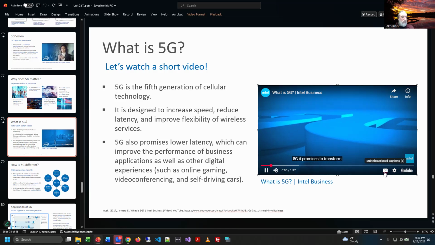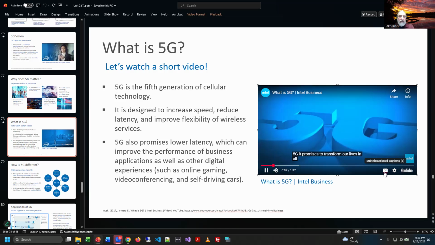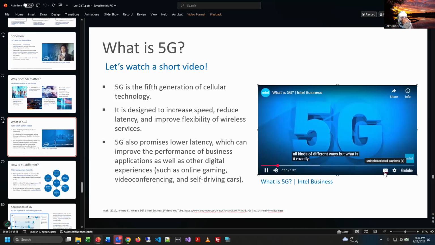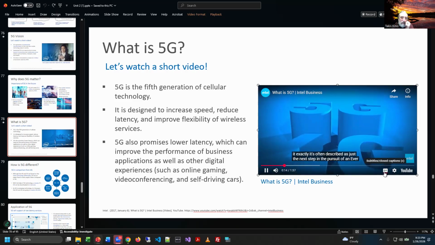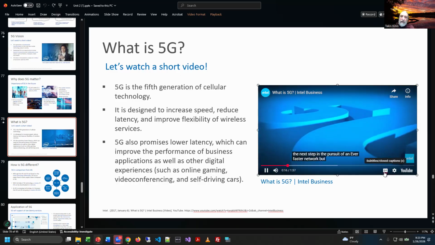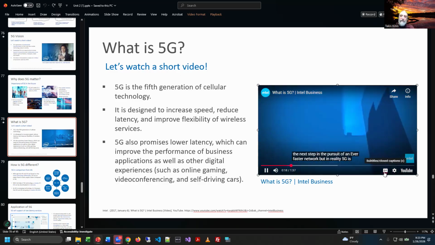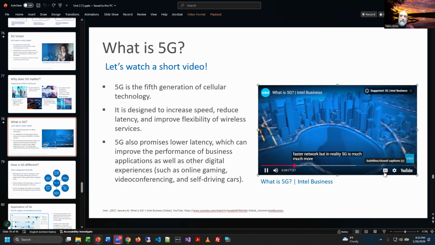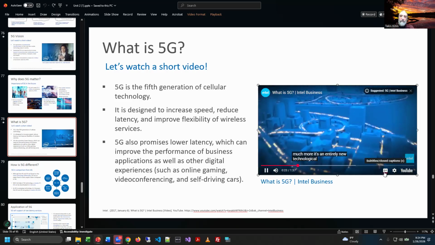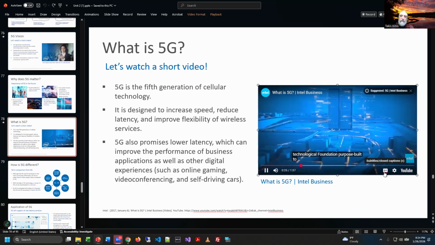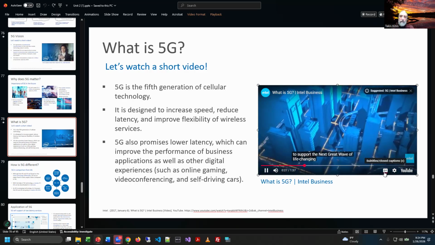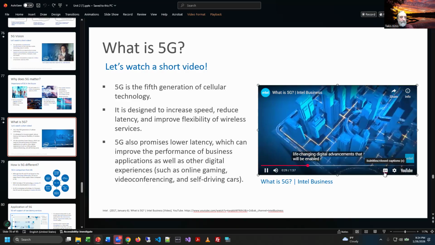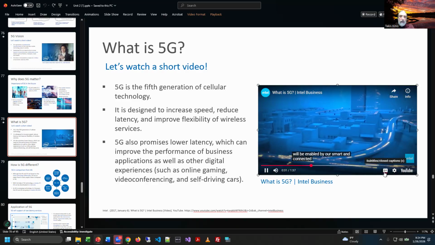5G. It promises to transform our lives in all kinds of different ways. But what is it exactly? It's often described as just the next step in the pursuit of an ever faster network. But in reality, 5G is much, much more. It's an entirely new technological foundation, purpose-built to support the next great wave of life-changing digital advancements that will be enabled by our smart and connected future.